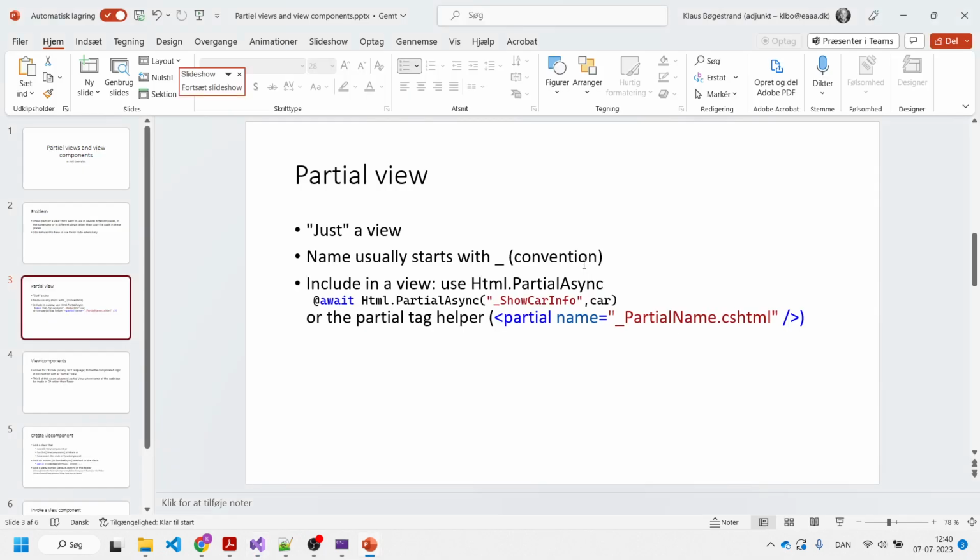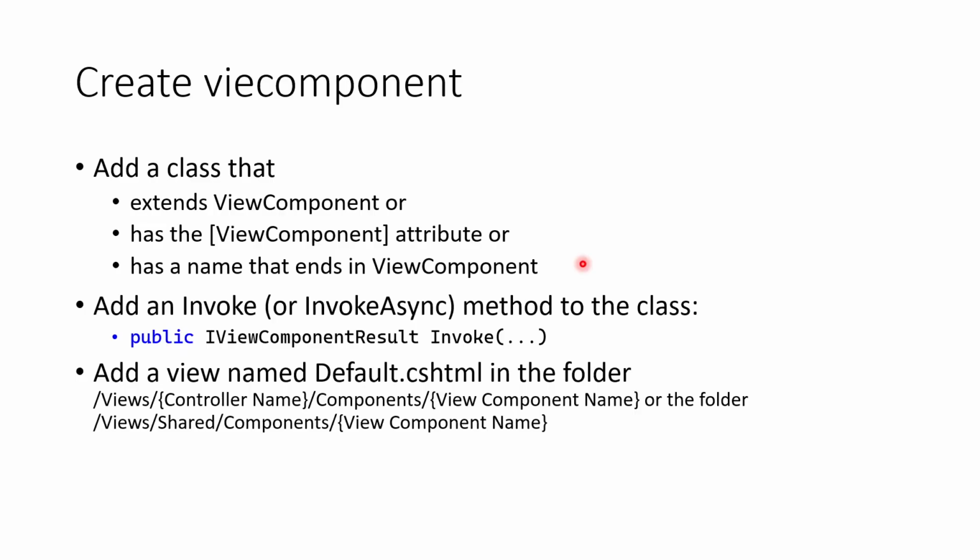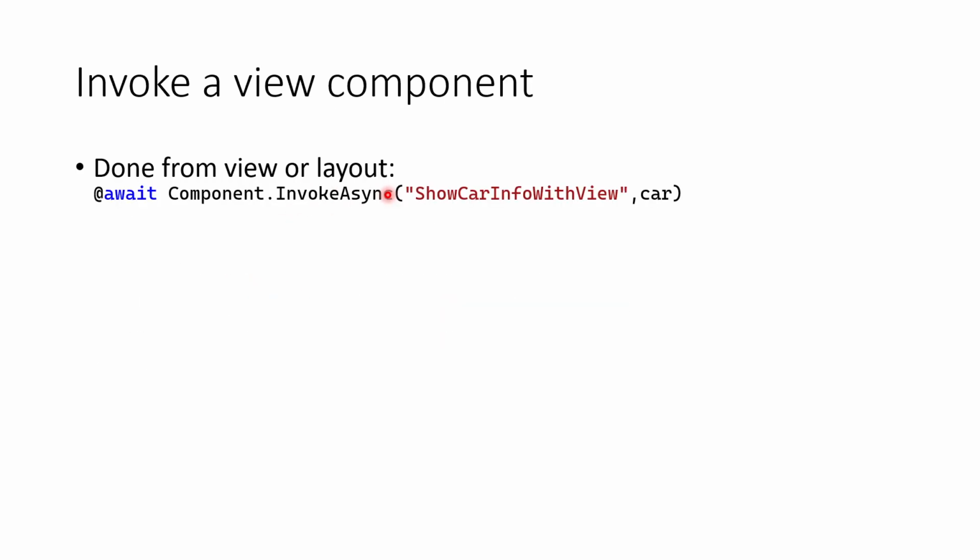So that's pretty much the point. So you create the C# part of the view component, and you create the view part of the view component, put it in the right folder, and add the Invoke method to the view component class, and then where you want to show it in the view, you say Component.InvokeAsync and the view name, right?